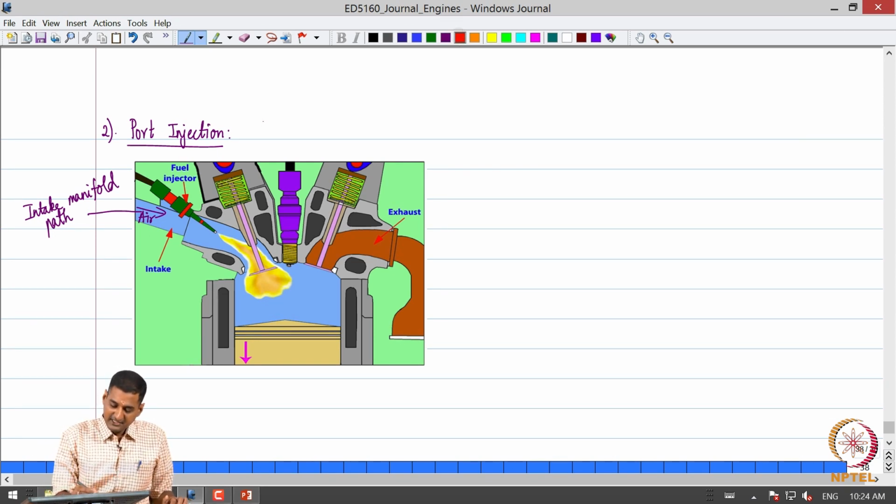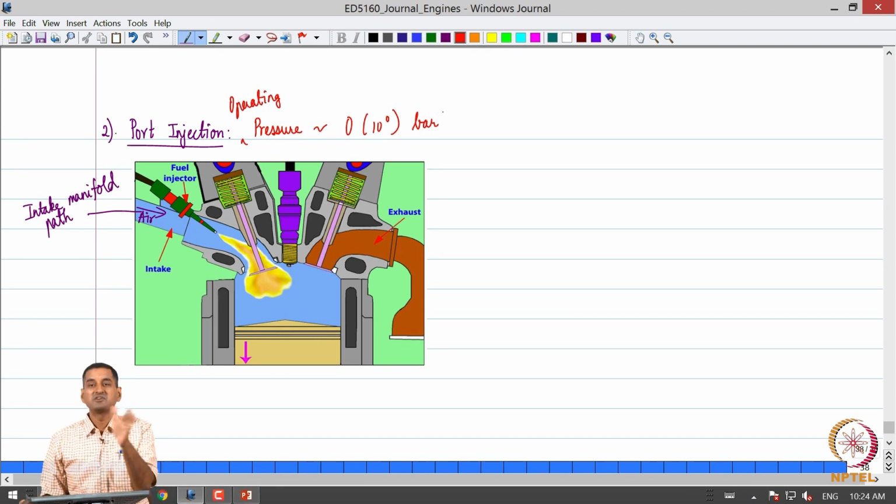So that is what is called a port injection system, okay. And the operating pressure range of this port injection is of the order of 10 to the power 0 bars, typically ones of bars. So you can see that it is one order of magnitude more than the simple carburetor.